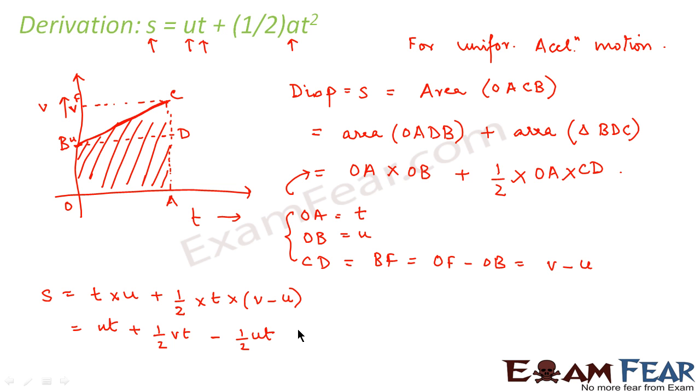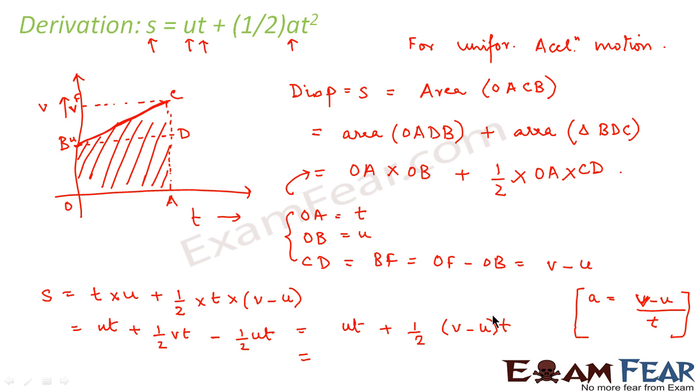So now we can write this as UT plus half V minus U into T. Now from definition of acceleration, we know that acceleration is equal to V minus U by T. That is the change in velocity by time taken.